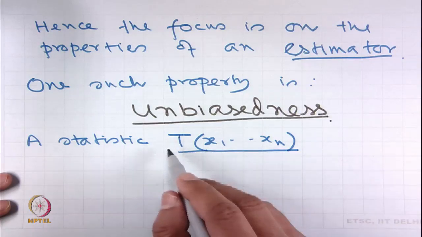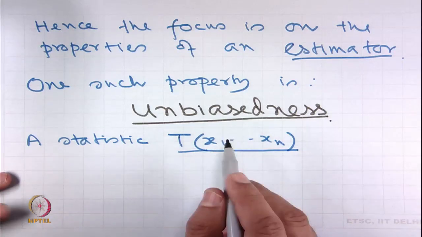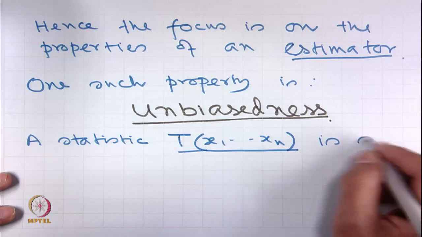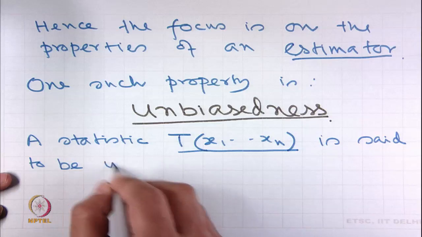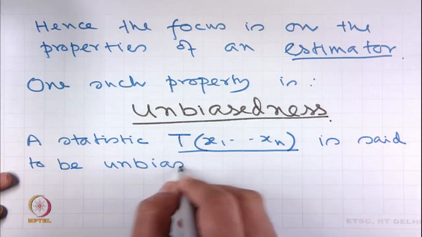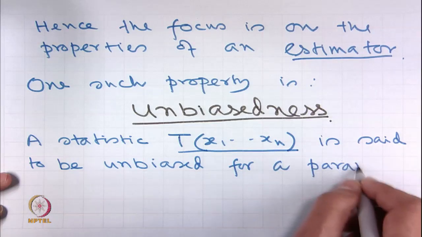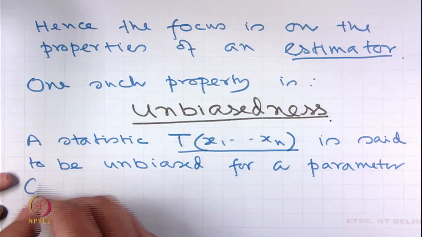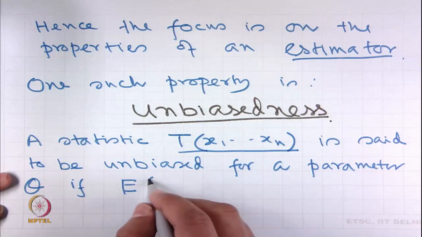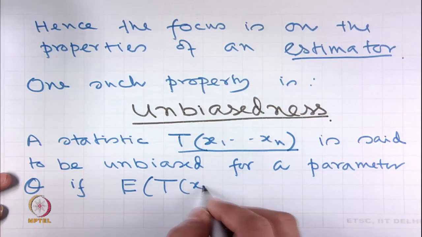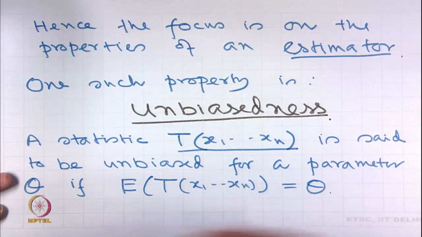So, once the sample is taken, we can compute T. It is said to be unbiased for a parameter theta if expected value of T of x 1 to x n is equal to theta.